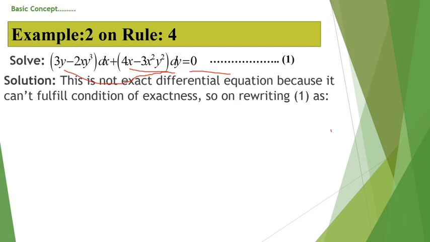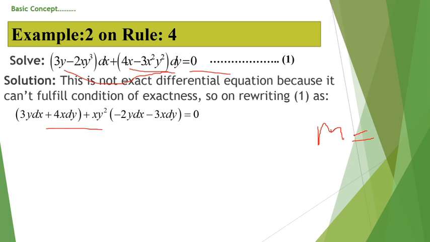So on rewriting one as this particular condition, we can check this entire equation by writing M and N, and after calculating del M over del y and del N over del x, we get they both are not equal. So we can say the given equation is not exact, but it can be reduced to exact.